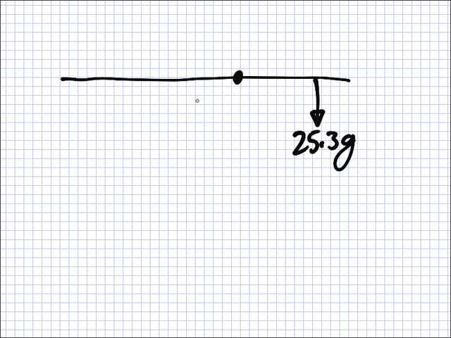Determine the position of the second child from end B. That's the 25.3 one. So let's draw this. There's the pivot, and there's a child here that's 25.3 G, and this is 20.5 G, and this one here is 18.6 G.